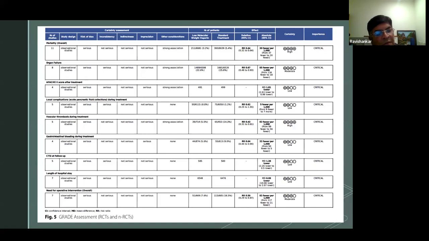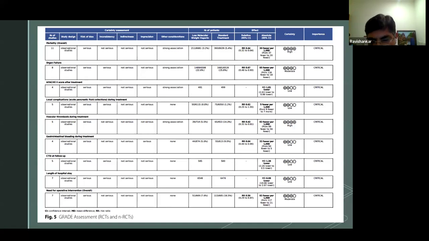In terms of operative intervention, there is moderate degree of evidence that the number of operative and endoscopic interventions will become less compared to the control group. So that is what this whole chart says.